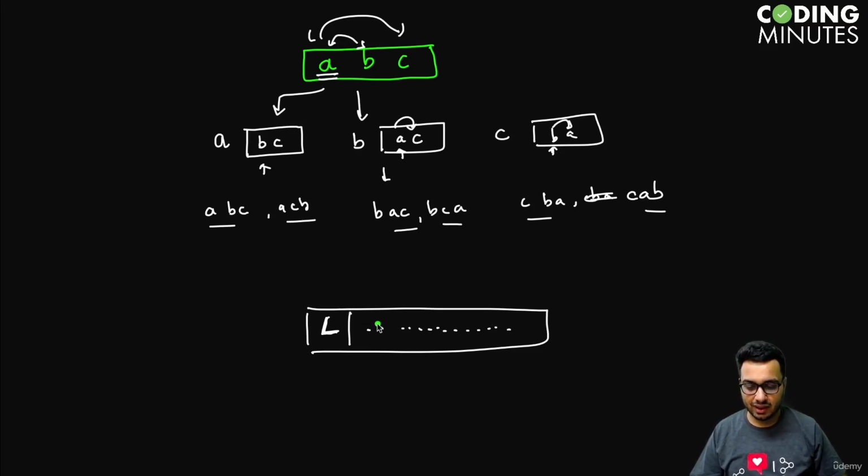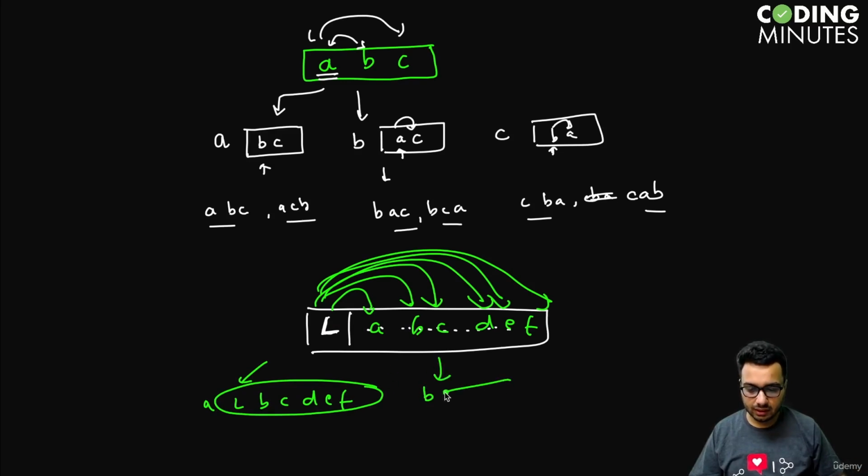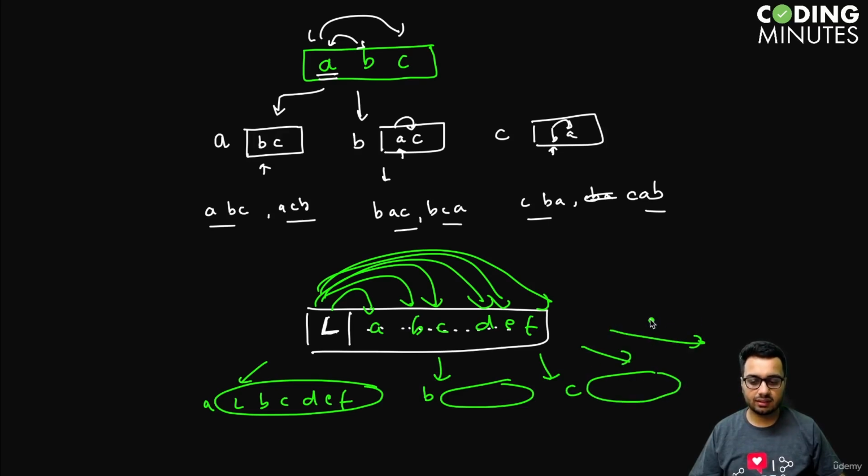So if I have A, B, C, D, E, F here, you swap L with A, L with B, L with C, L with D, L with E, L with F, and you get something like this: A followed by L, B, C, D, E, F. You make a permutation call here. Similarly, you get a B here, you permute this, you get a C here, you permute this, and so on. And this will again follow the same recursive structure that we are going to see.